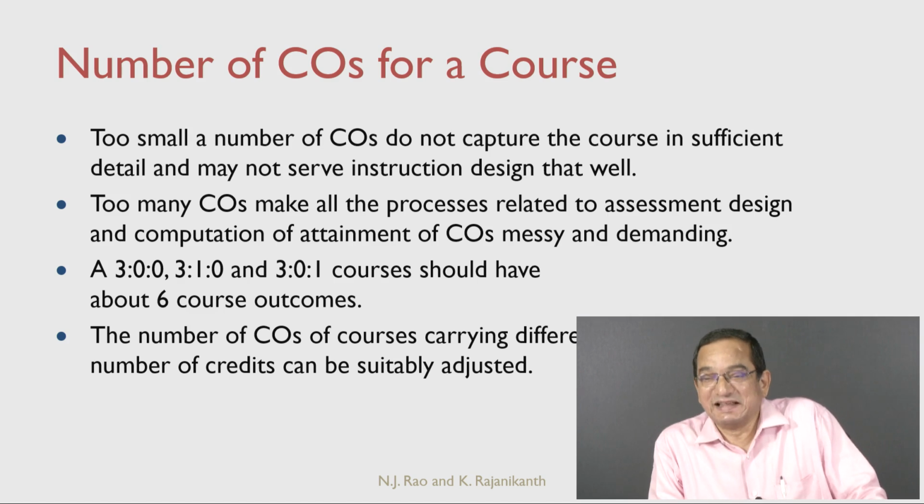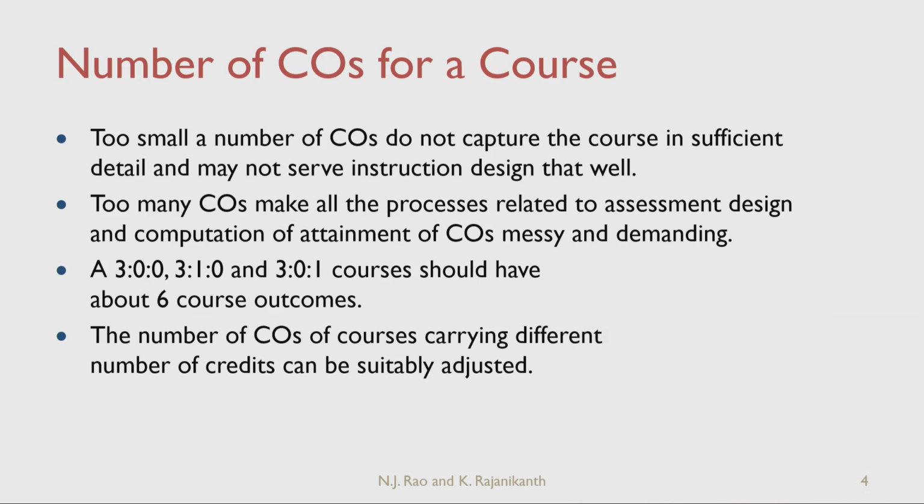Then what is an ideal number of outcomes? There is no unique answer to this, but by and large, from experience, it appears that a 300 or 310 or a 301 course should have about 6 course outcomes. Probably 7 or 8 is also okay. 5 outcomes is also okay.